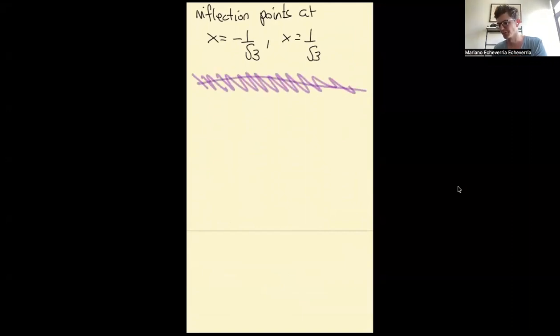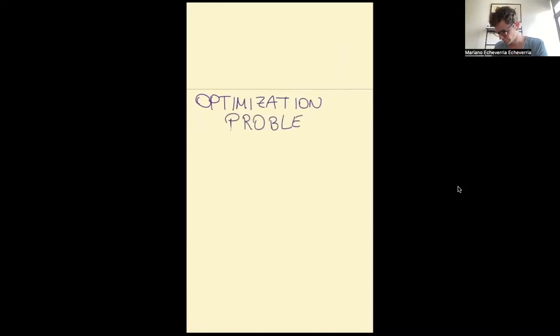Let me start here. So here's probably the most basic optimization problem of all time. You actually don't need calculus to solve it, but it's nice to do it with calculus.